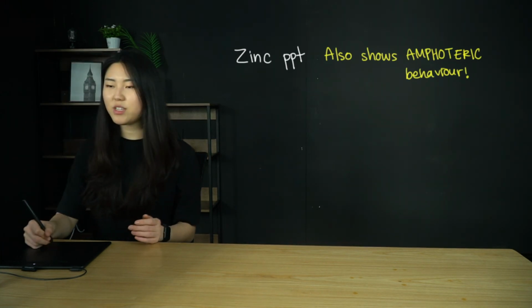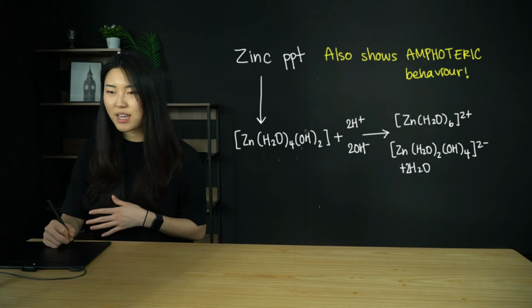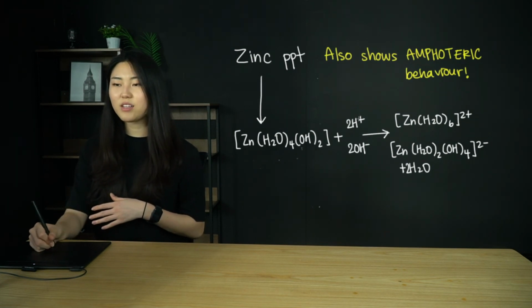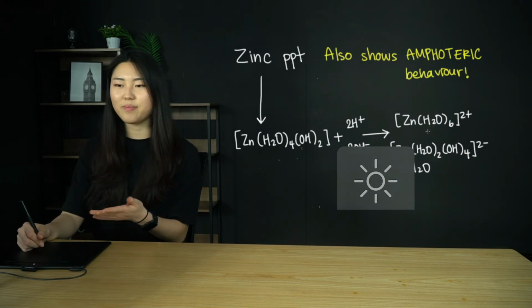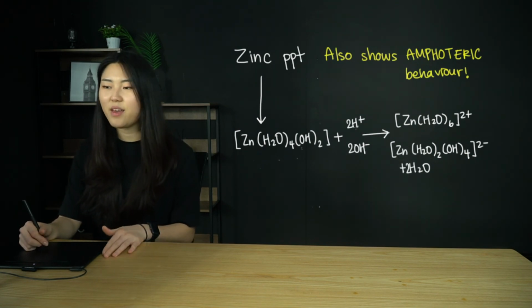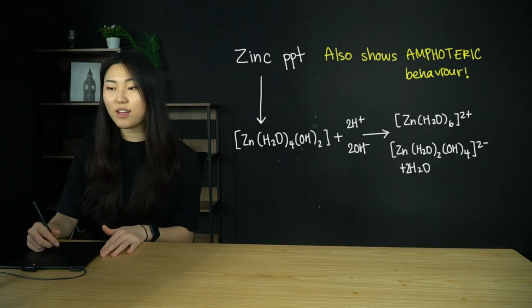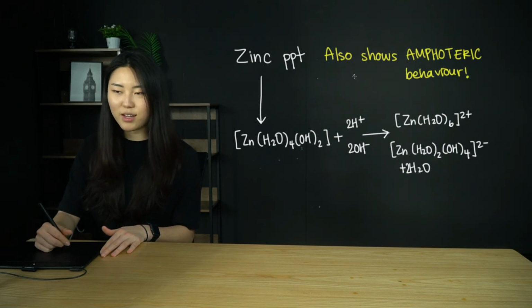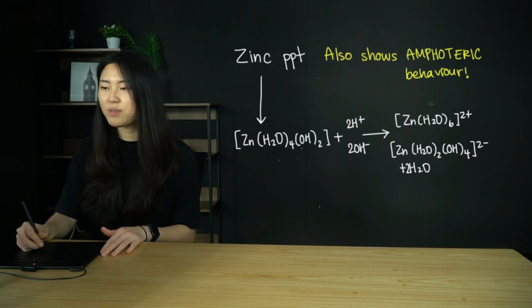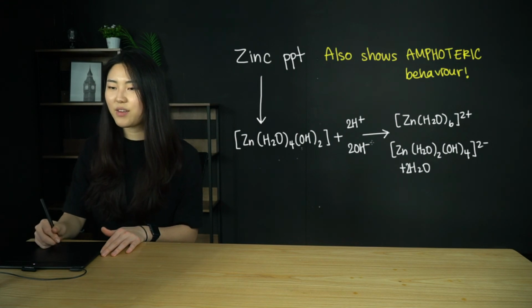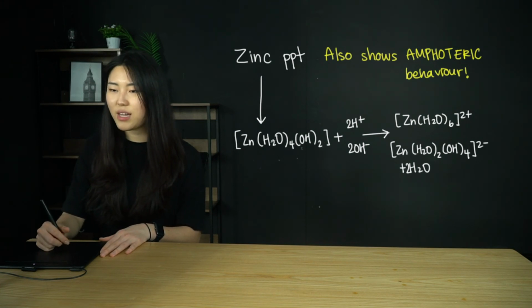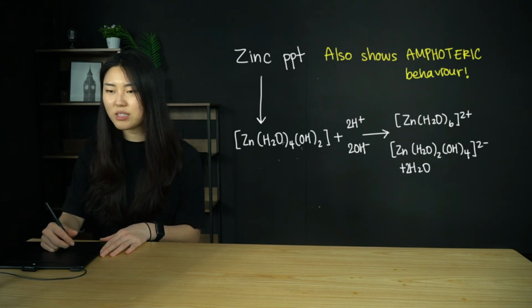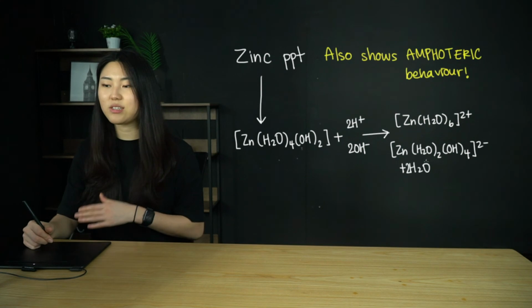Okay. The amphoteric behavior of zinc precipitates. When it reacts with acid, it's basically the same for zinc as well, just like chromium. The 2 H plus is going to be accepted by the hydroxide ligands and form 6 water molecules. And if we have OH minus, the base, the alkali being added, then it's going to react with the H plus over here. Deprotonation is going to happen.